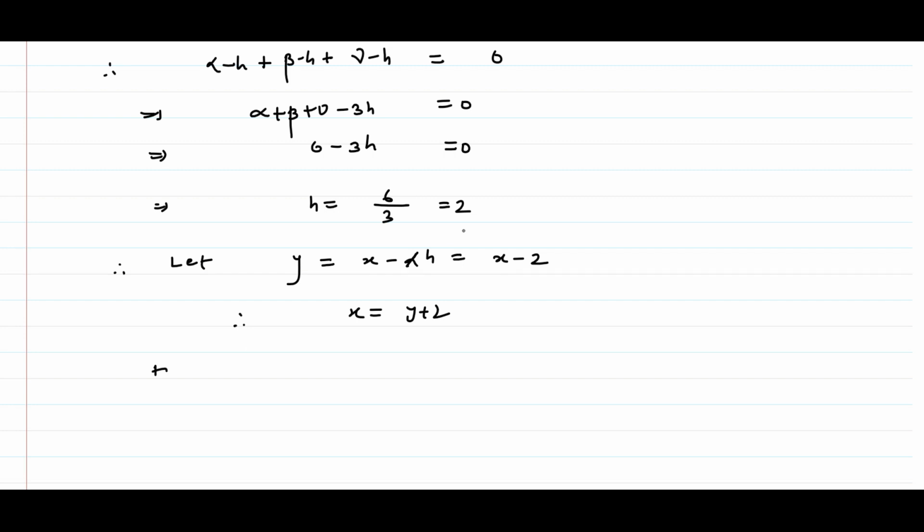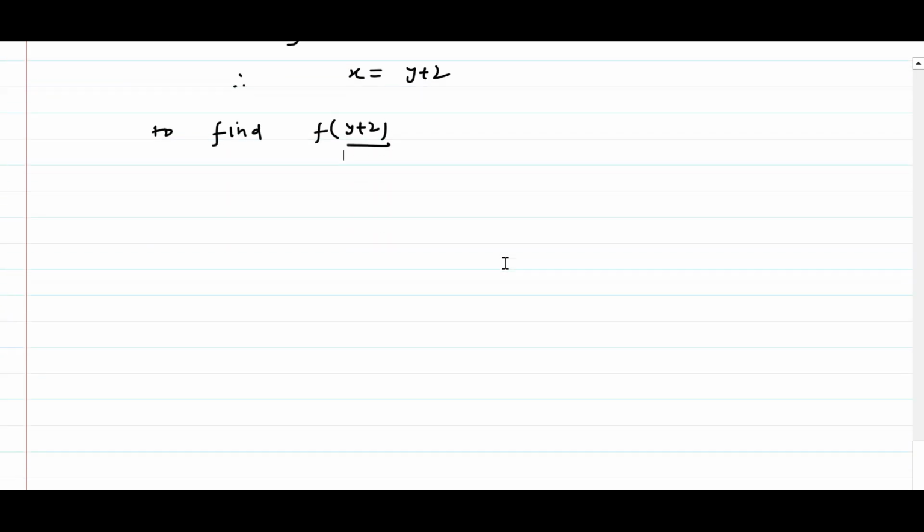So now we need to find the equation f of y plus 2. So now by using Horner method, we can find f of y plus 2 by using the synthetic division method.